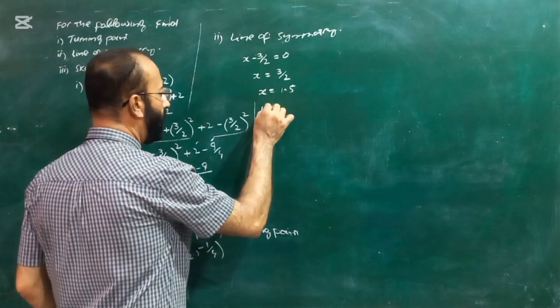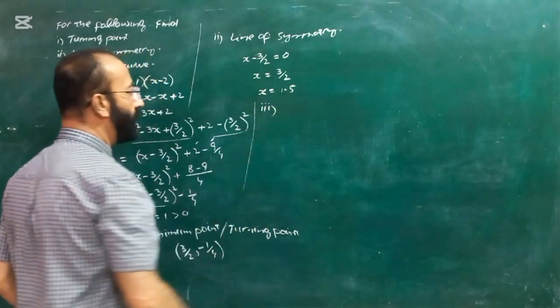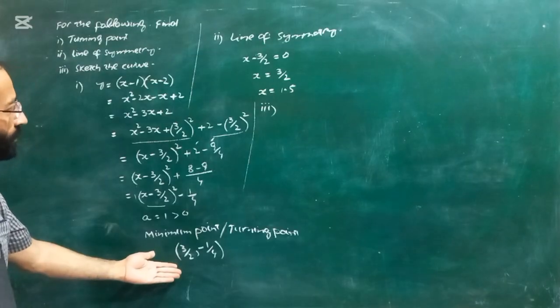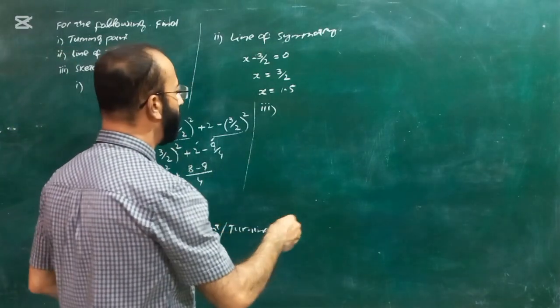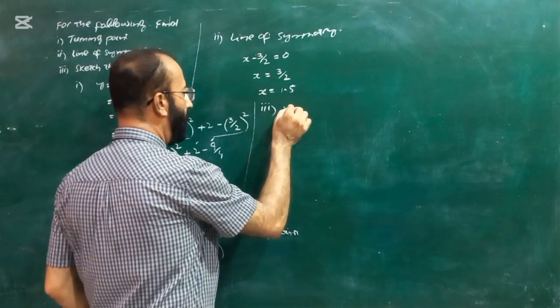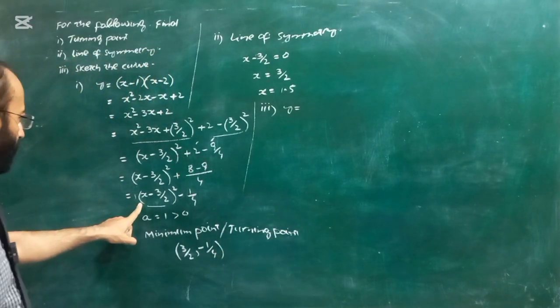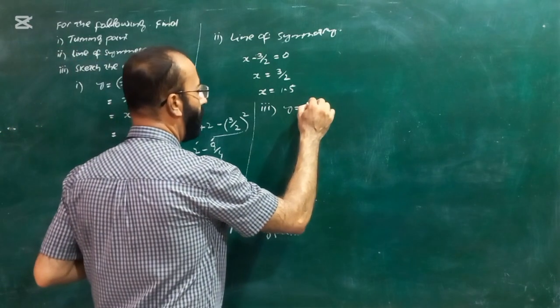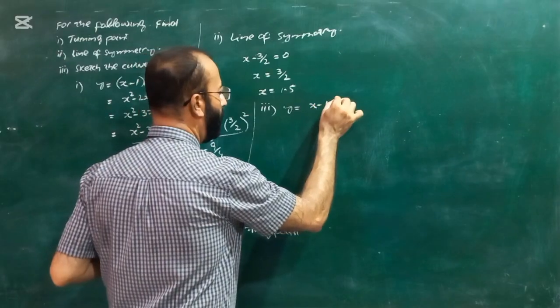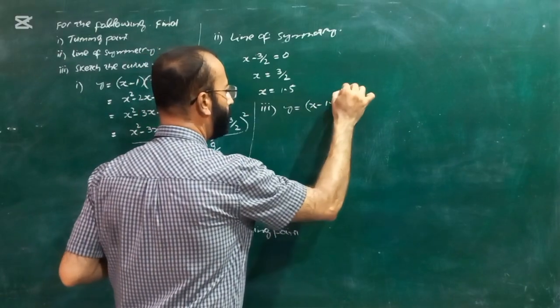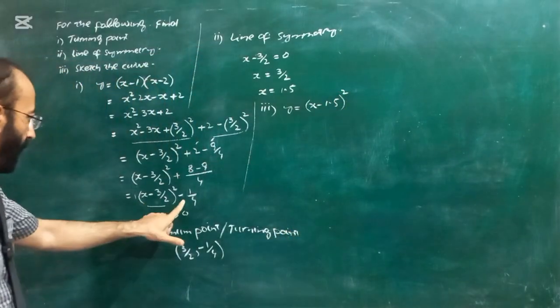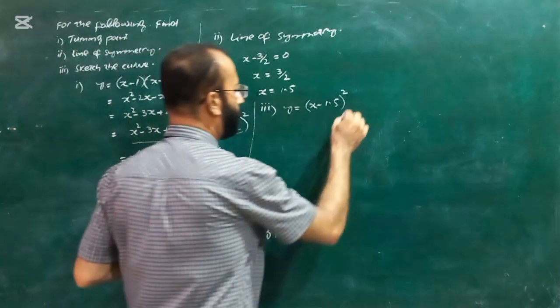For sketching the curve, we need the turning point that is already there, and the intersecting points at the x-axis and y-axis. So the equation is now y is equal to x minus 3 by 2, or x minus 1.5 whole square, minus 0.25.